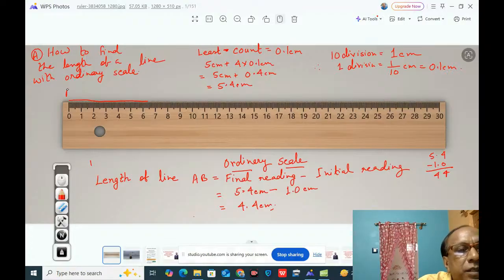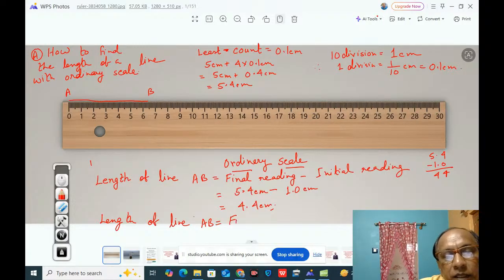Suppose I want to measure the length AB. The same way you can find it: length of the line AB is final reading minus initial reading, right?